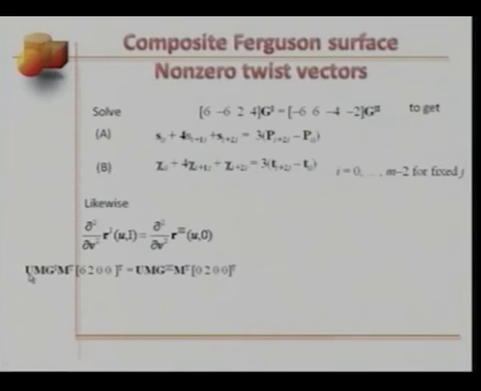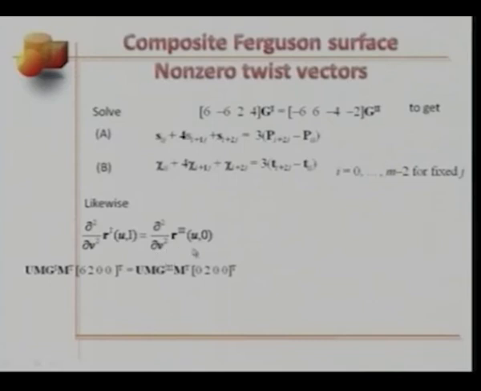We have U M G1 M transpose times 6, 2, 0, 0 transpose. How do we get this? We need to differentiate the column vector V with respect to the parameter v and evaluate that at v equals 1. Likewise, we do the same for v equals 0 to get 0, 2, 0, 0 here.